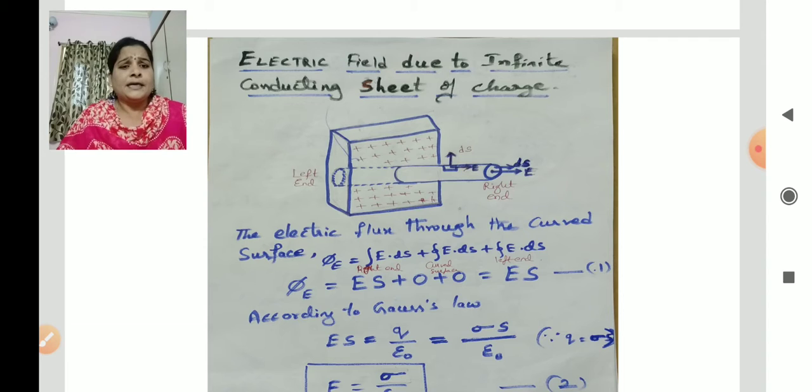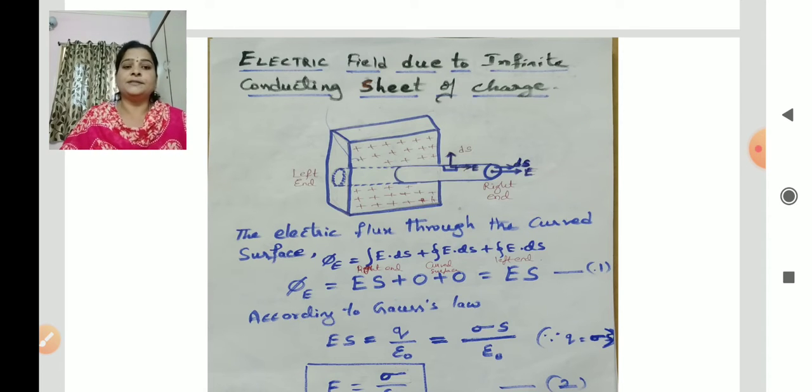Here, as shown in this figure, this depicts a two-dimensional plane. The positive charge is accumulated on one surface and it is a conducting sheet. The charge density is sigma.